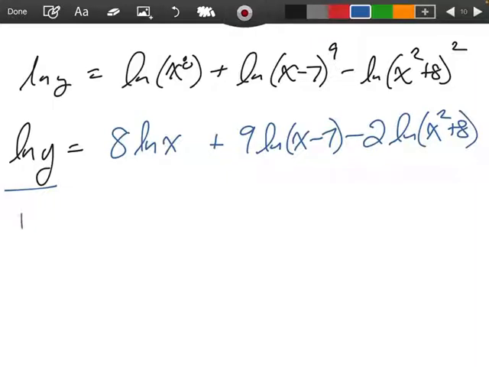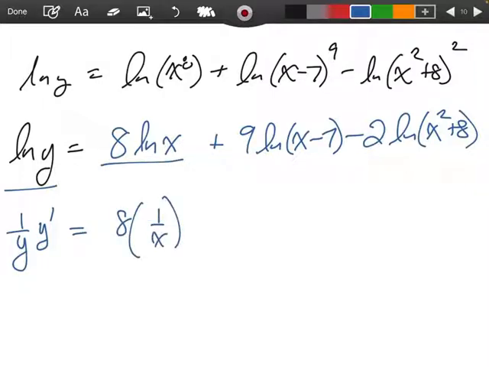When we take the derivative here, this is going to be a 1 over y and a y prime. The derivative of 8 ln x is going to be 8 times 1 over x. The derivative of this one is going to be 9 times 1 over x minus 7.